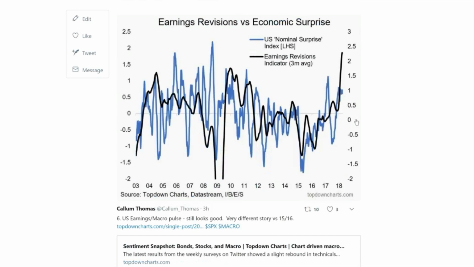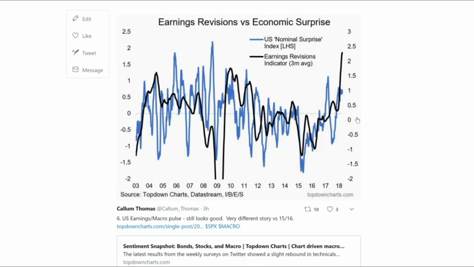And the next one, pretty positive picture there as well, showing the earnings revisions indicator, kind of momentum of earnings revisions. It's a mix of the earnings revisions ratio and 3-month rate of change in forward EPS. It had a big boost from the tax cuts, obviously, but the trend prior to that was pretty decent anyway.